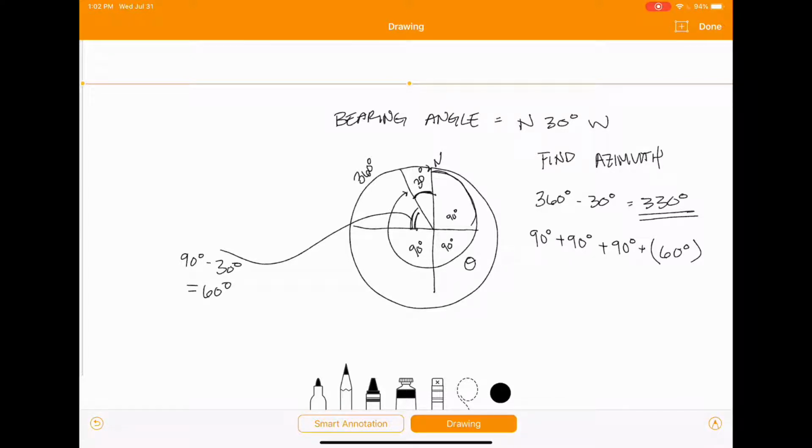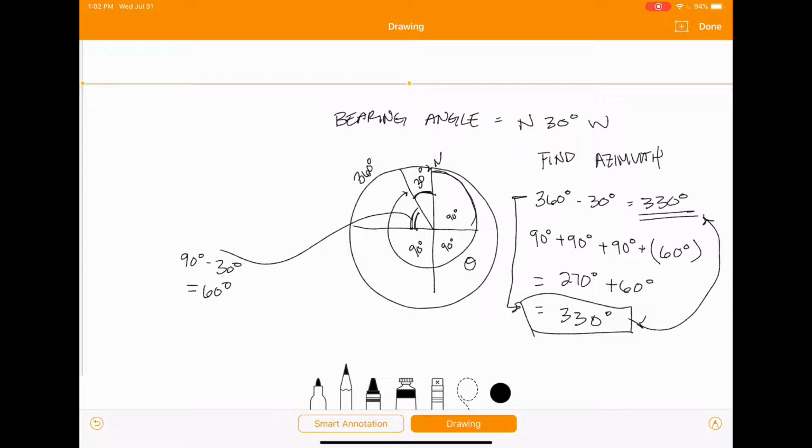And so we know that 90 times 3 is going to be 270 degrees plus 60 degrees. You're going to be left with 330 degrees. So again, those match, which is good. Again, whichever way you want to do it is okay. It doesn't matter which approach you take because you're going to get the same answer.